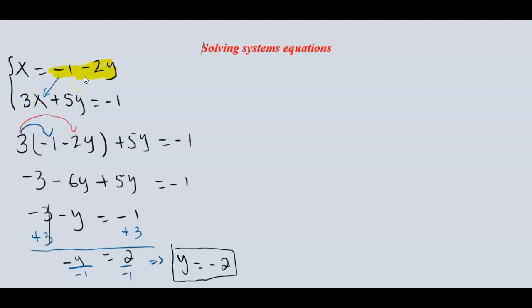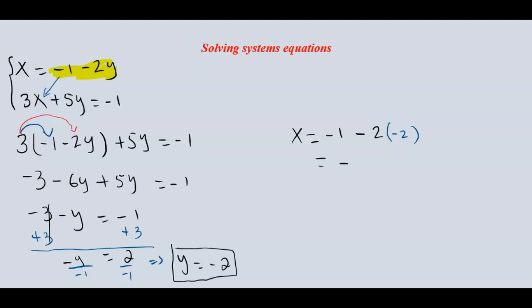So we're going to have x equals negative 1 minus 2 times negative 2, which equals negative 1.